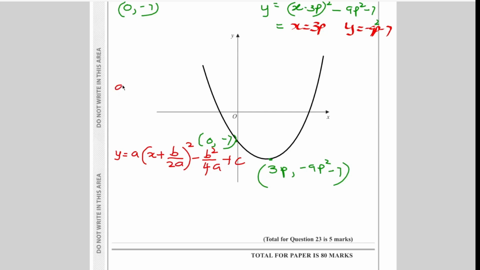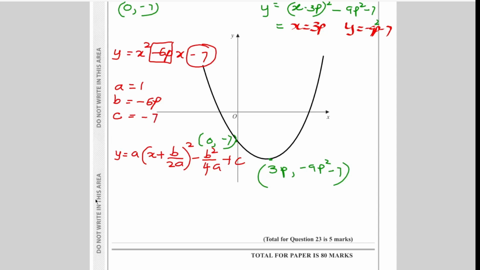So let's get what a is. This is your equation, y equals x squared minus 6px minus 7. a is the number in front of x squared. There's nothing, therefore a becomes 1. b is the number in front of x, which means minus 6p. c is the constant, minus 7.